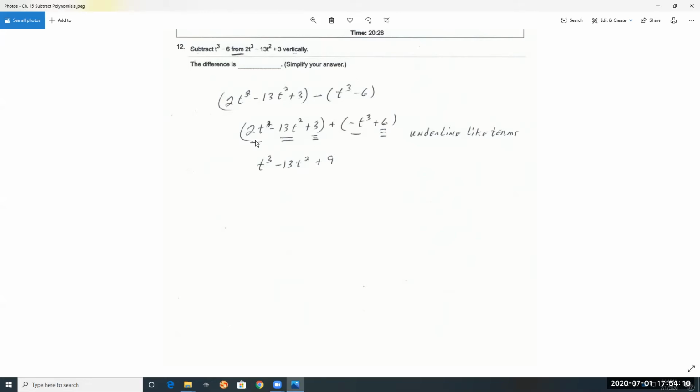So that total is just t cubed. The t squares, I put a double underline, so it's just negative 13t squared. And the constants, I triple underline, so it's plus 3 and a plus 6 for a plus 9 answer. That helps me organize my thinking, don't get confused.